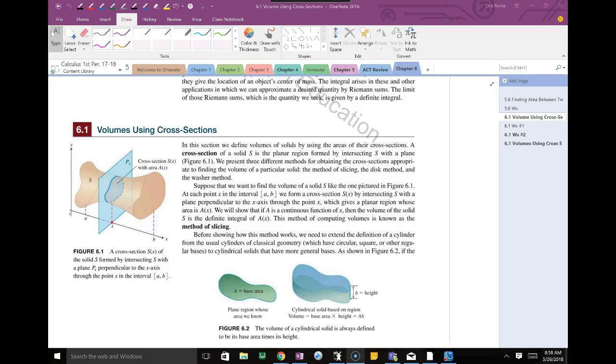So we could have a top minus a bottom scenario. That's my base area. Now we're going to create a volume by putting an infinite number of squares upon the base. My cross sections are going to be squares.